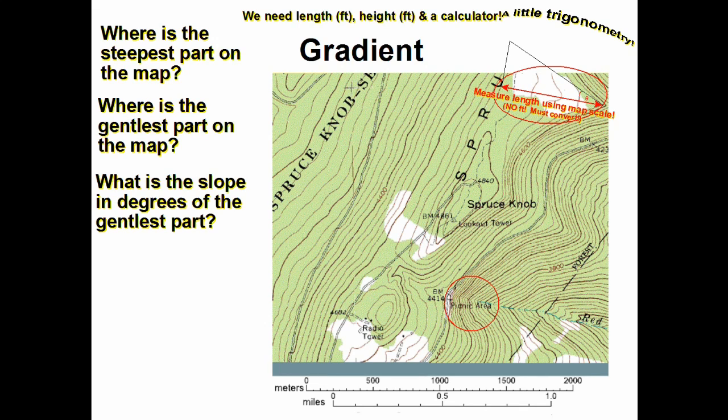When measuring the length using the map scale should be easy. However, there's a problem. While the elevations on this map are given definitely in feet, the distance scale is only in meters and miles. Hence, we probably will have to convert. But let's give it a shot anyway.